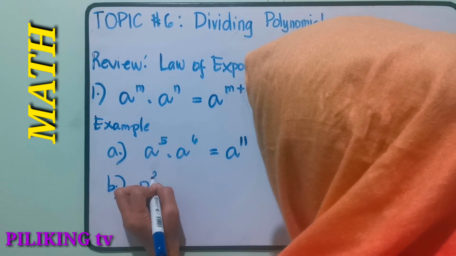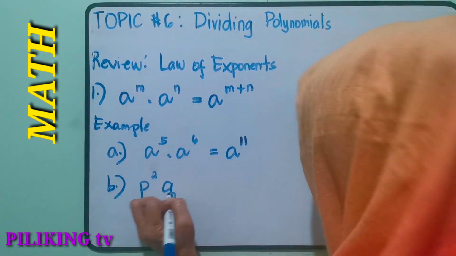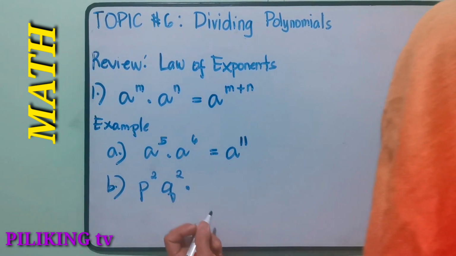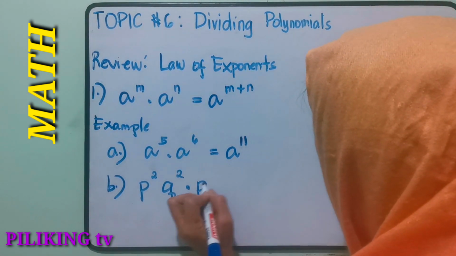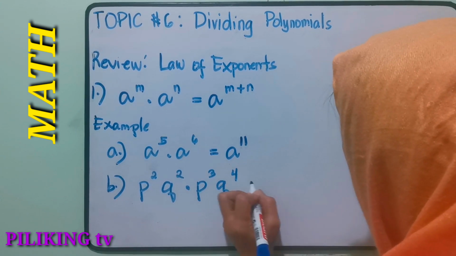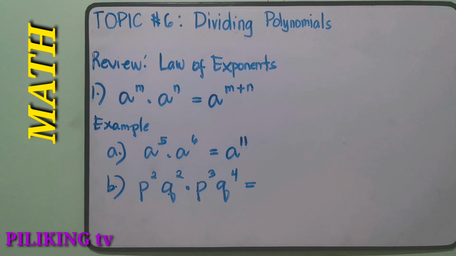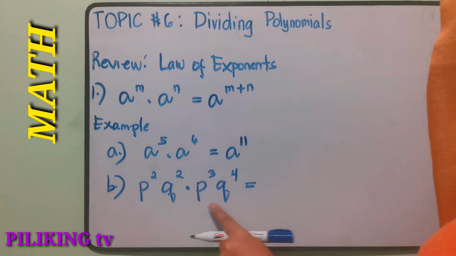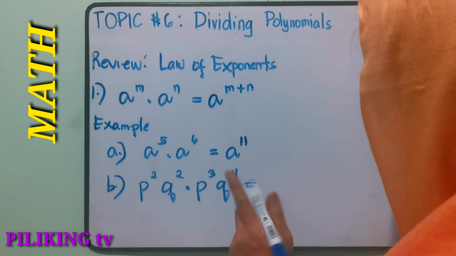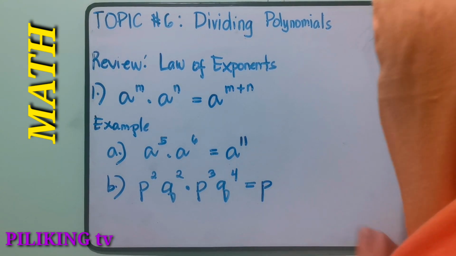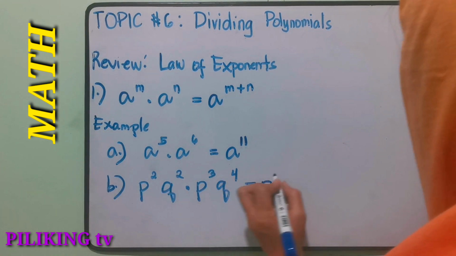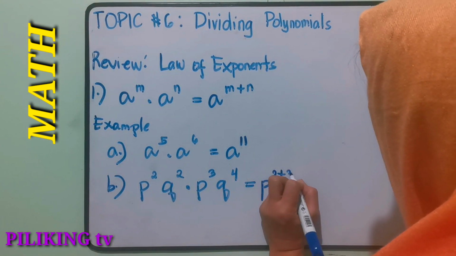Let's have p squared q raised to 2 times p cubed times q raised to 4. Since they have the same base again, you just copy their common base, which are p and q. So you write p, and then the exponents are 2 and 3, so you just add them, 2 plus 3.